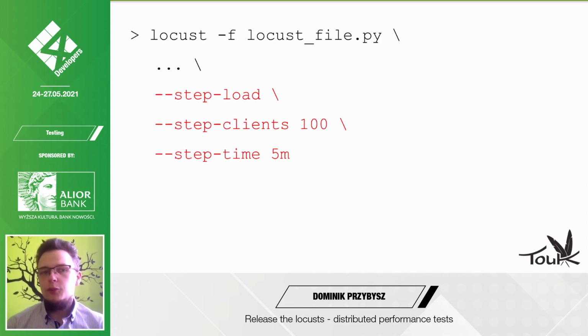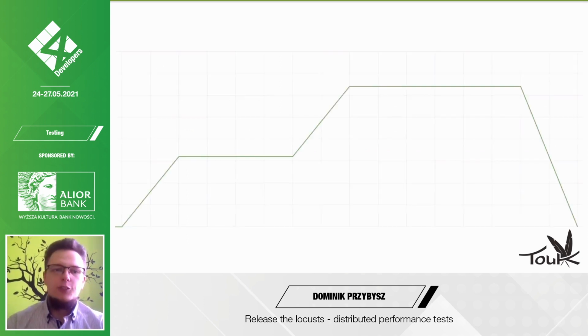For that, you need to pass the step load parameters. You have to tell what the number of users is on each step to be generated additionally, and what the step time will be, how long you want to spend on that step. And as a result of such parameters, you can create a load shape looking like that.